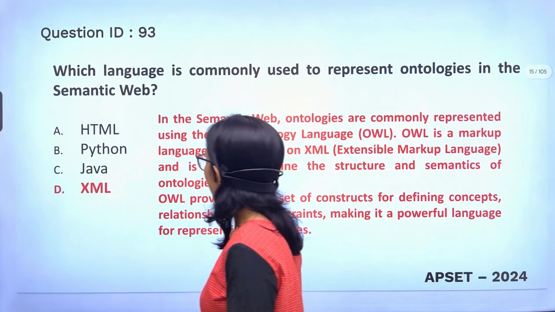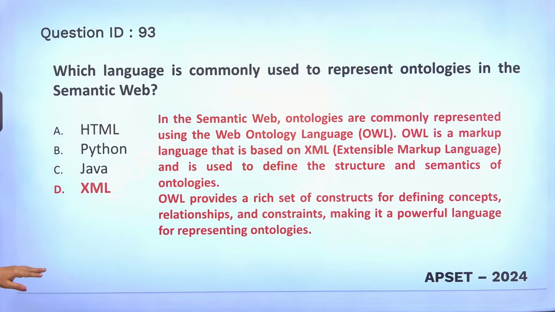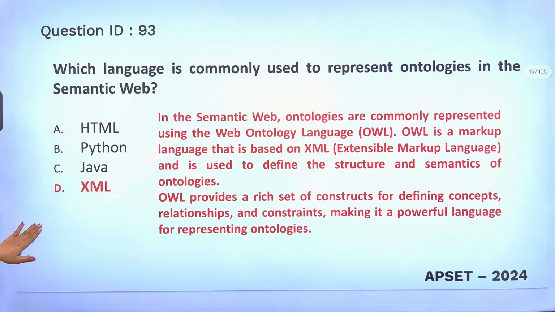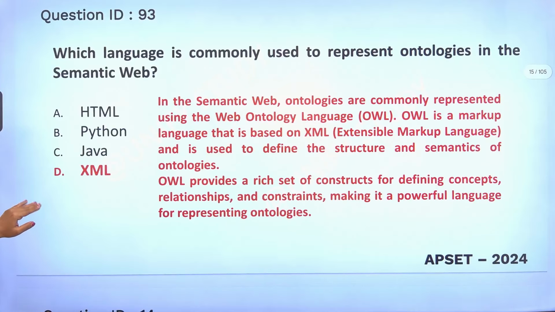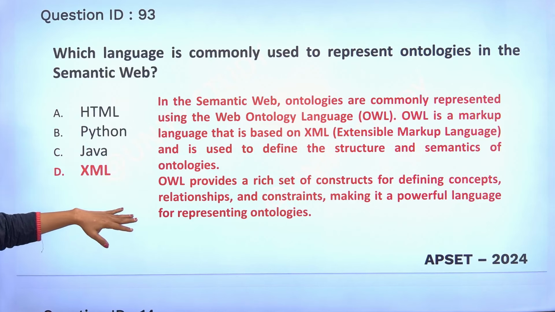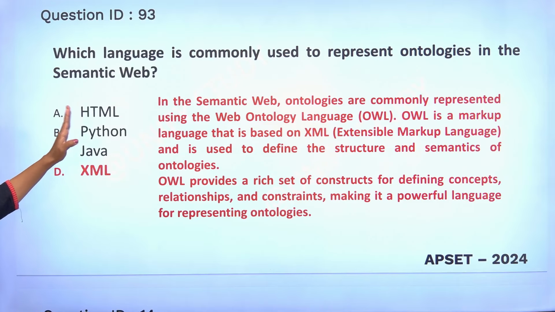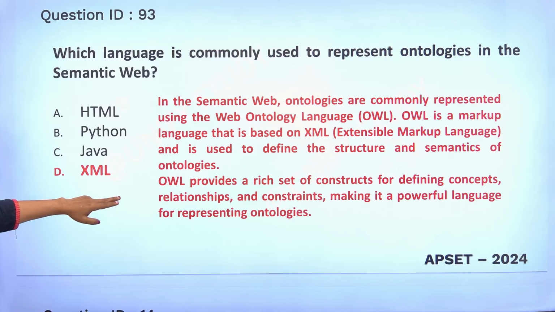In the semantic web, using the Web Ontology Language, that is OWL. OWL is a markup language based on XML. The main language is OWL, which is based on XML. OWL provides a rich set of constructs for defining concepts, relationships and constraints, making it powerful. So if any option has OWL, then definitely choose OWL.